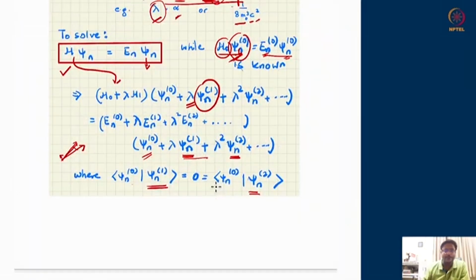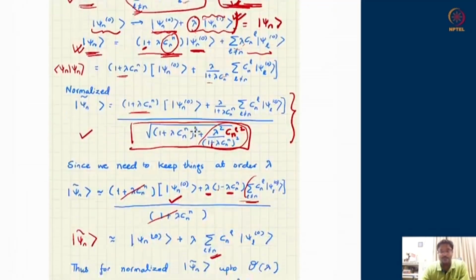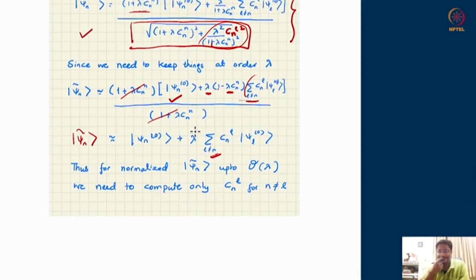If I want to write my corrected wave function up to linear order, it would be the previous eigenfunction plus a correction term which does not include projection along its previous direction.